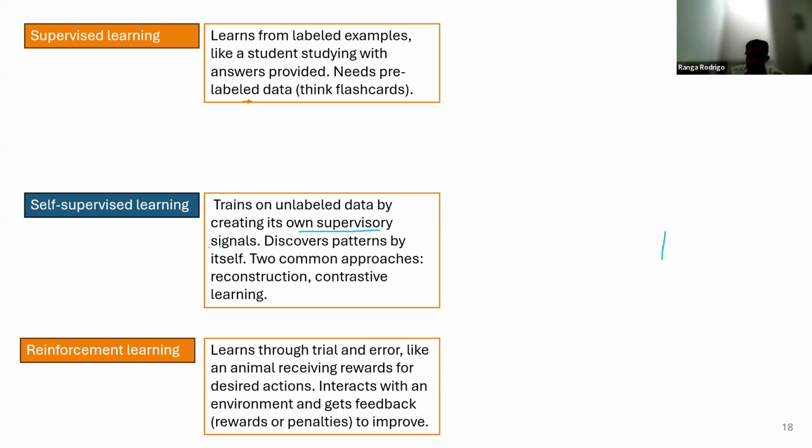This is not unsupervised learning, it is self-supervised, discovering patterns by itself. Two common approaches are there: one is reconstruction-based learning, and one is contrastive-based learning. We have also worked on contrastive-based learning, so when I talk about conferences, I will briefly talk about the papers that we have also written.